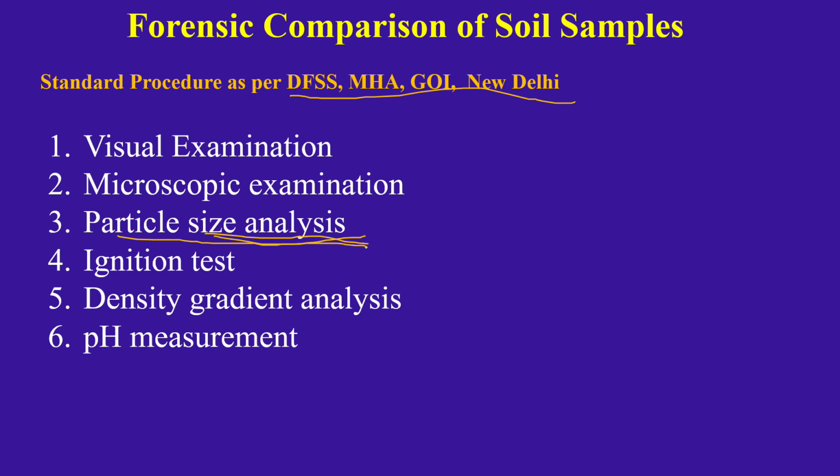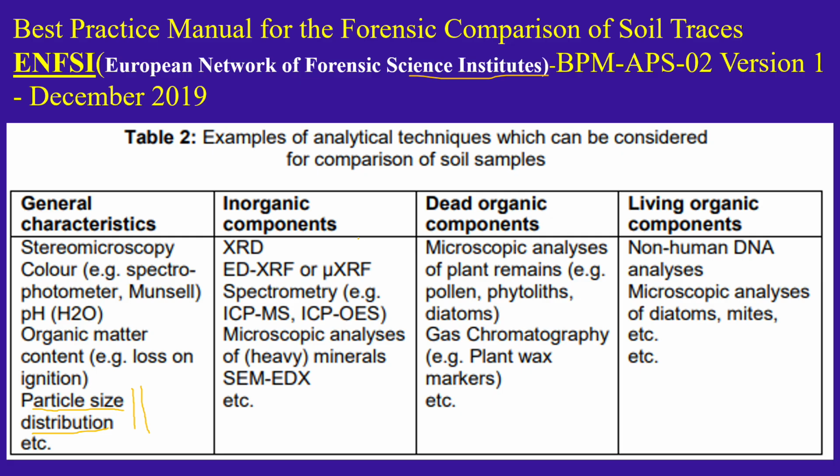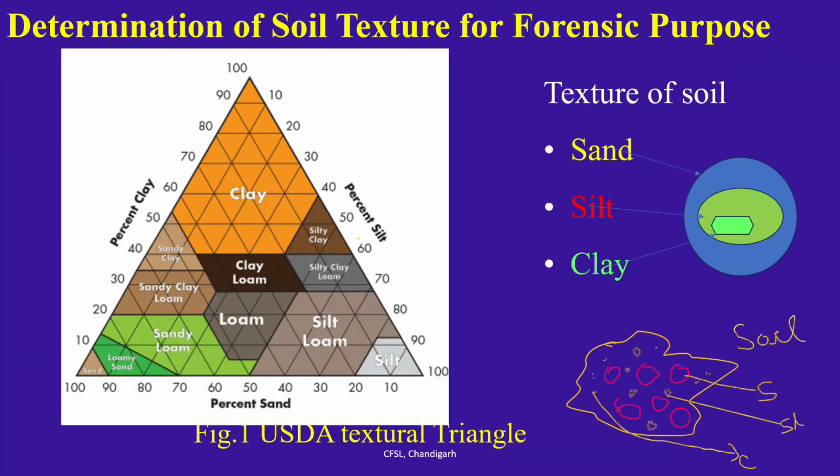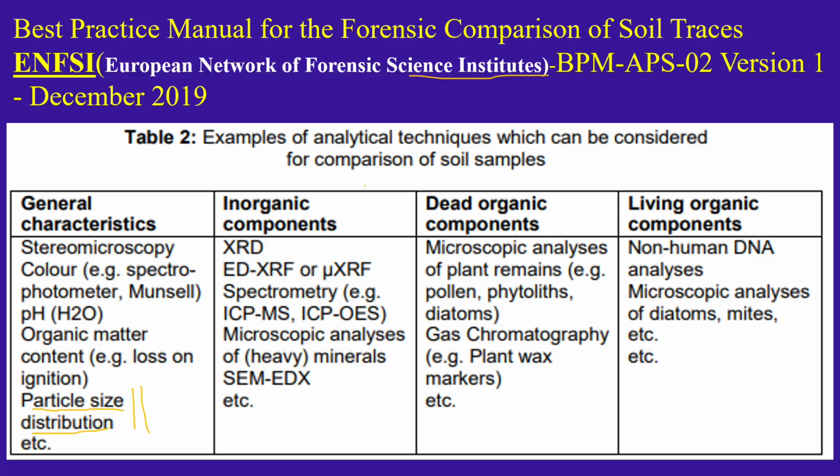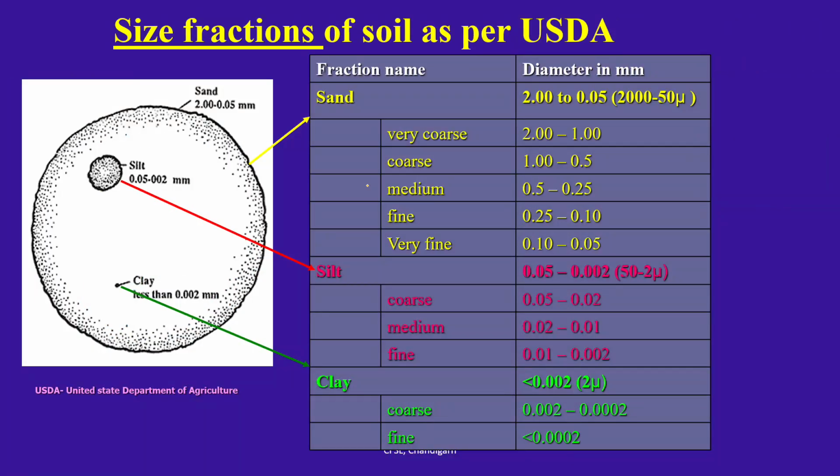So, in today's video, I describe how the texture of the soil can be determined using the soil texture triangle, because on the basis of the percentage of sand, silt or clay, we can determine the nature of the soil samples. First, you have to determine the different fractions of the soil constituents.